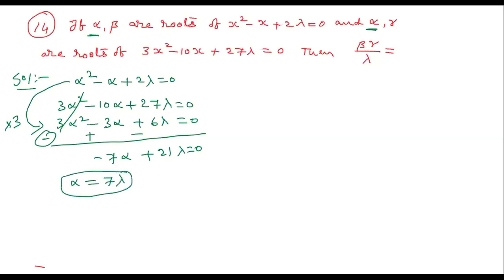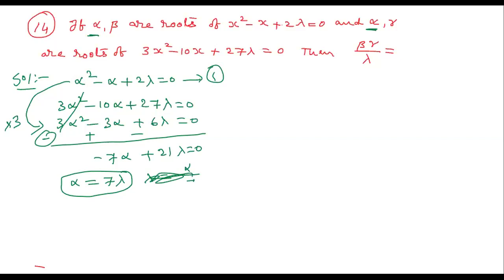Here we got one condition. The same alpha value, substitute in equation 1, or substitute lambda value. What is lambda here? Lambda is equal to alpha by 7, or substitute alpha value, enough.